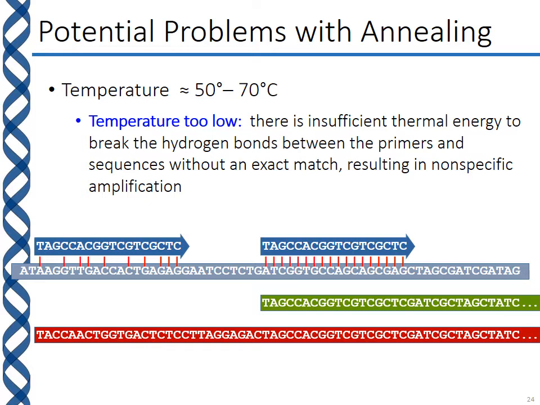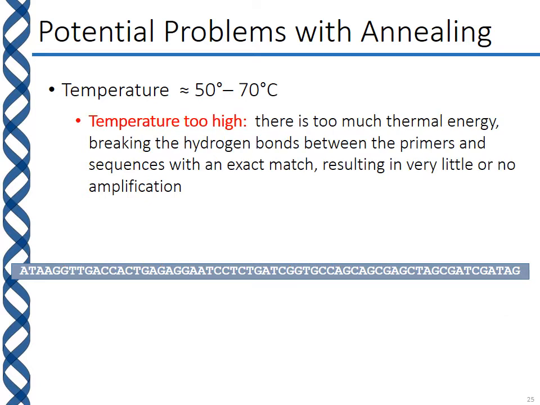So in this case, you would end up with two different PCR products on your gel, and because this is non-specific amplification, that is clearly something that you would not want, and your primers were not designed to do. However, if the temperature is too high, there would be too much energy. You would break the bonds between the primers and all the sequences, including those with an exact match, and you would have essentially no amplification because there would be no primers bound to your template DNA.